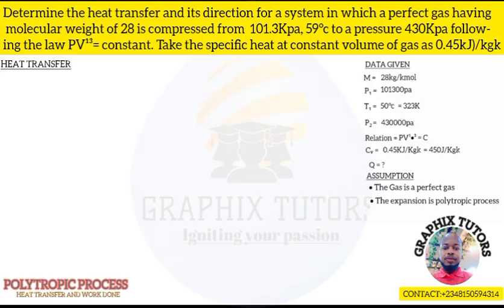The formula for the heat transfer in this kind of situation is given as Q equals the specific heat ratio minus n, all over the specific heat ratio minus 1, all multiplied by the work. So for me to get my heat transfer, I need to know my specific heat ratio, I need to know my polytropic index n, and I need to know my work. That will give me my heat transfer. Can you see the direction here? So this will guide you.